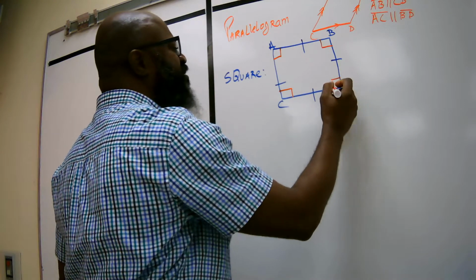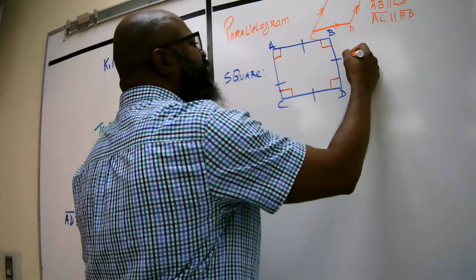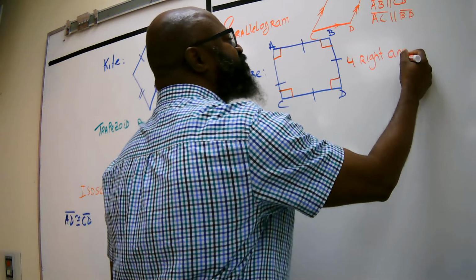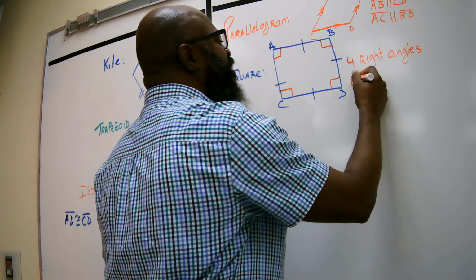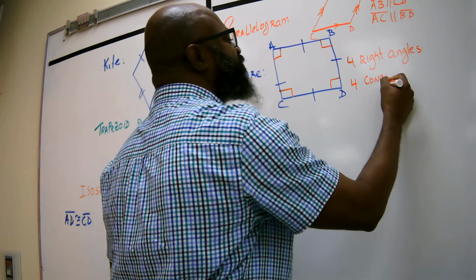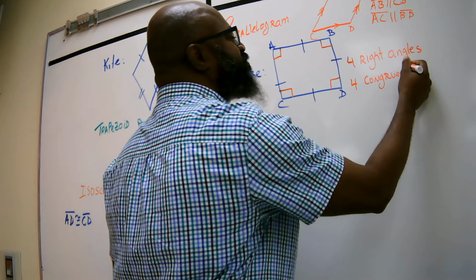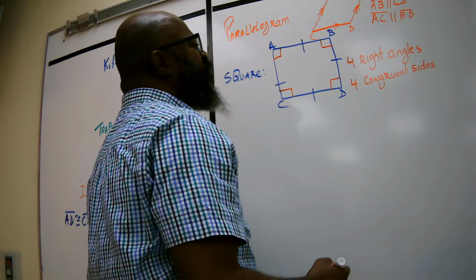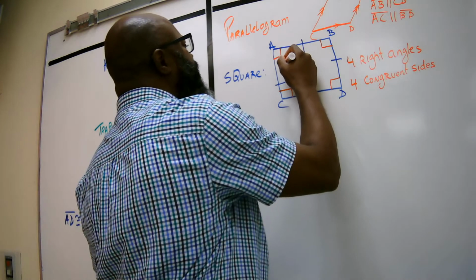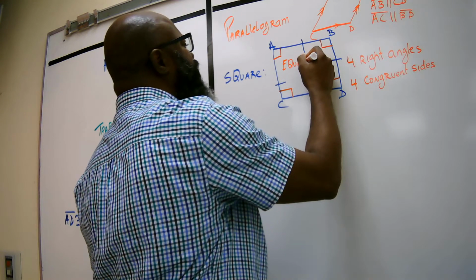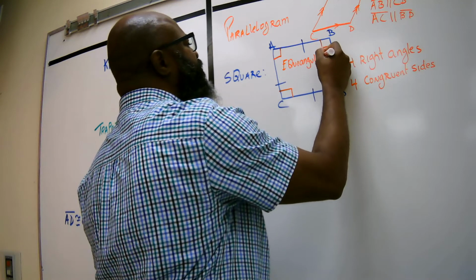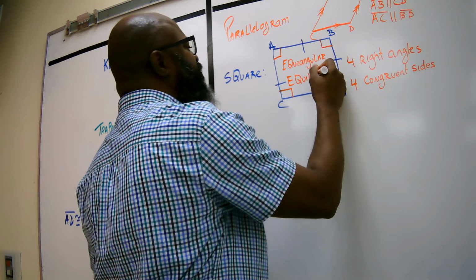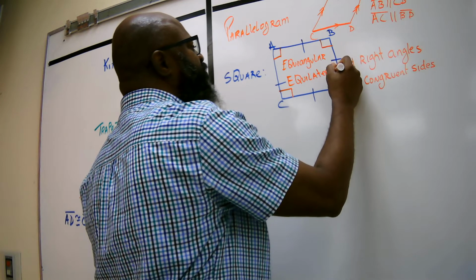So remember those properties. Since you have 4 right angles, it is equiangular, and it is also equilateral, equal sides.